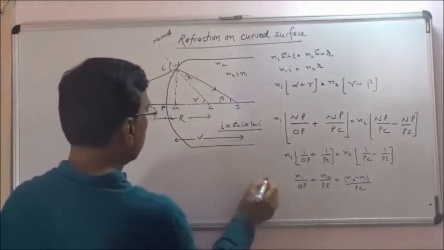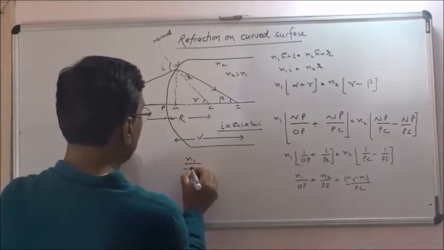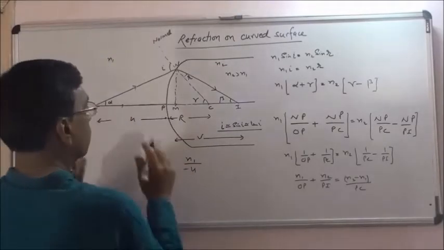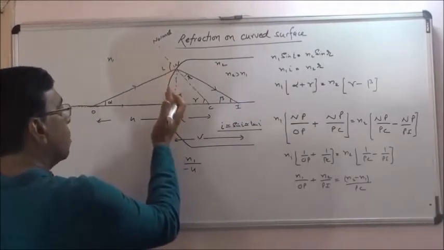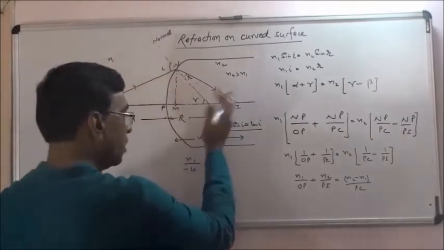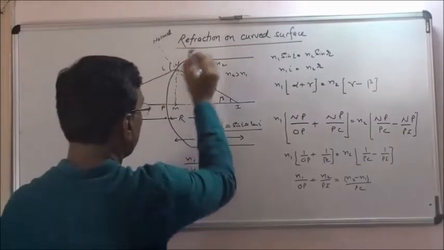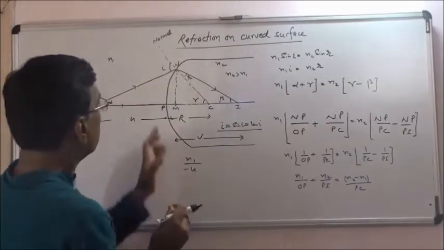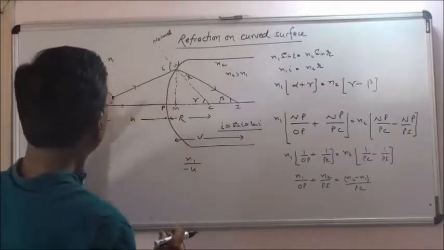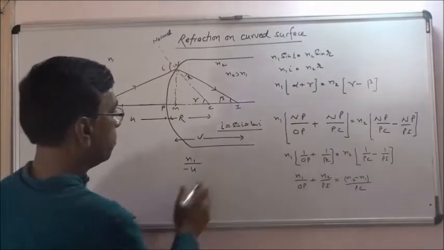N1 upon OP. What is OP? Minus U. Distance is to be taken from P, in the direction of incident ray plus, opposite to the incident ray minus. Incident ray is left to right. So U will be negative, R will be positive, V will be positive.